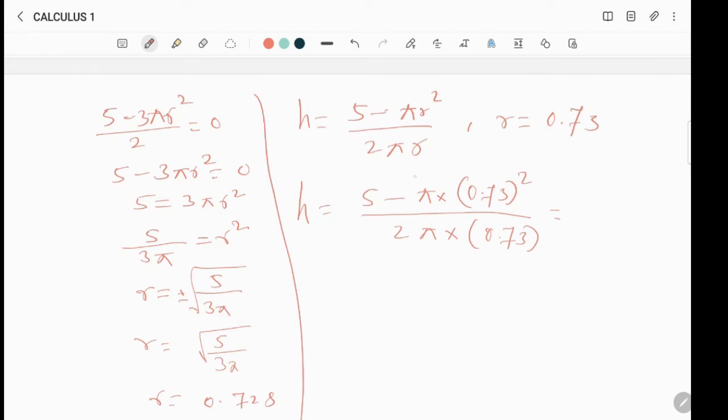Let's put it again. 5 minus pi times 0.73 whole square over 2 times pi times 0.73. I got 0.72. So height is 0.725.